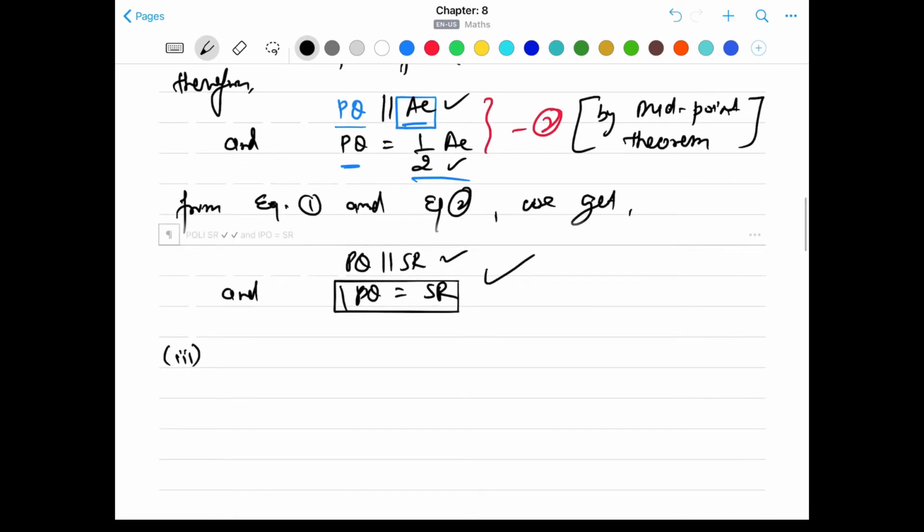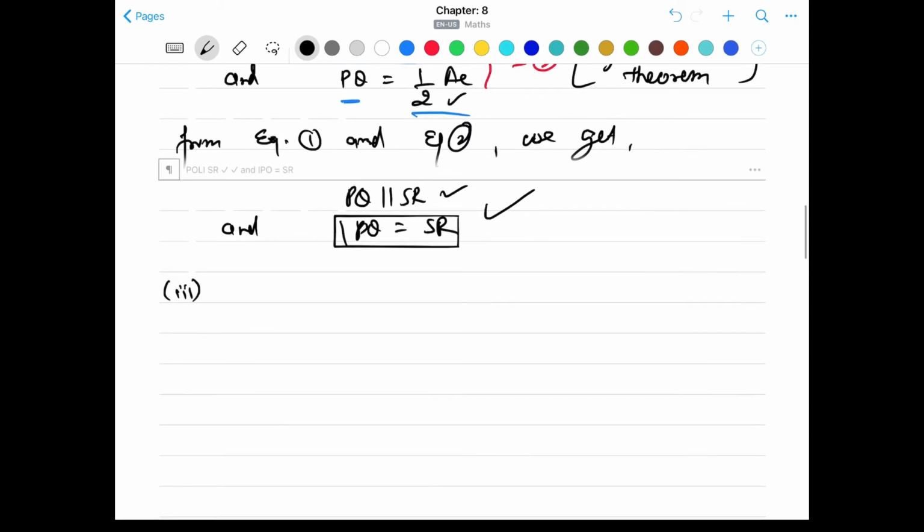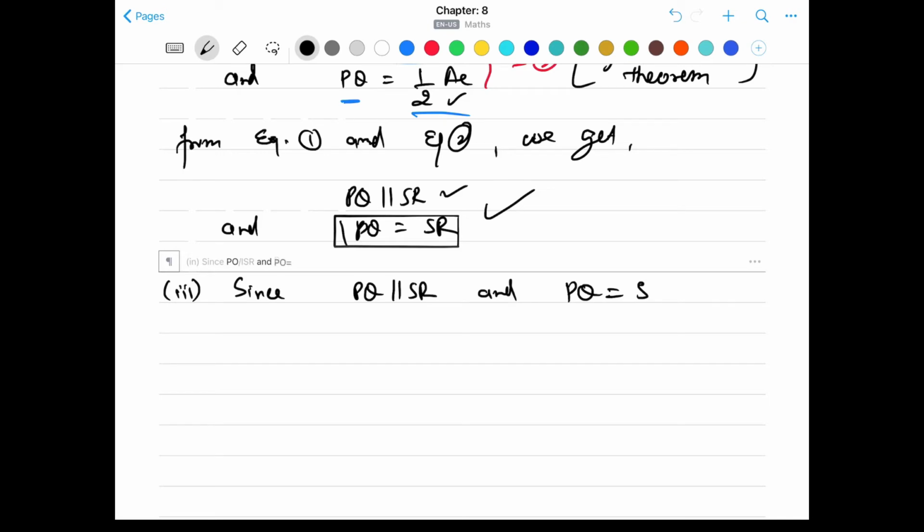Since we have got the condition that PQ is parallel to SR and PQ is equal to SR, we'll write that, since PQ is parallel to SR and PQ is equal to SR, therefore PQRS is a parallelogram.